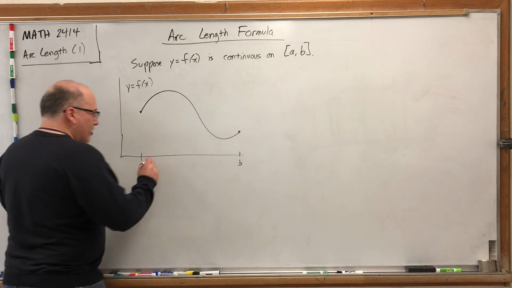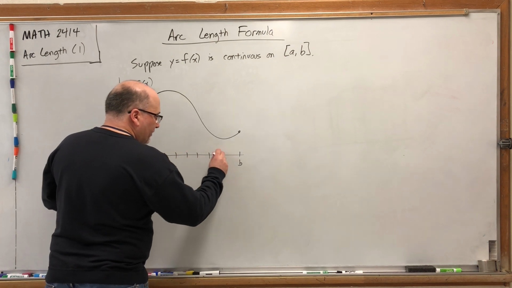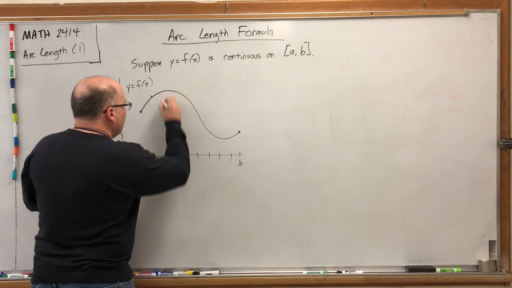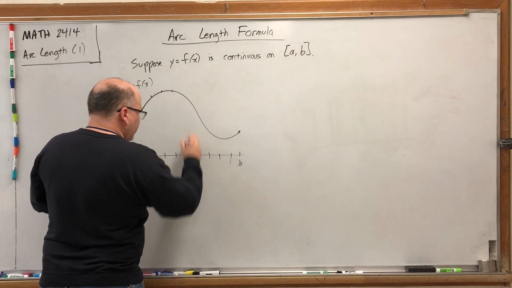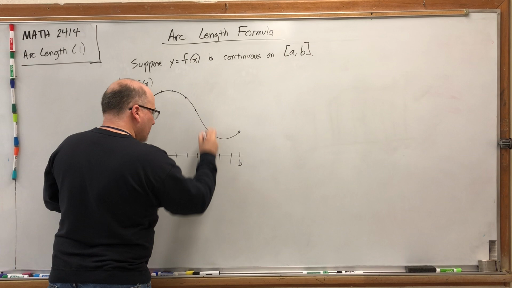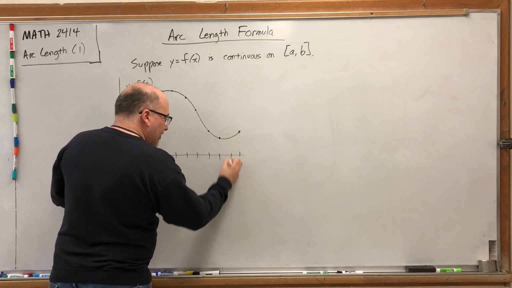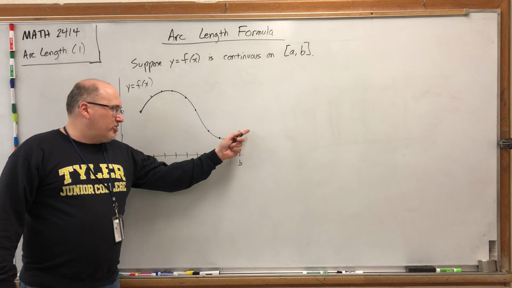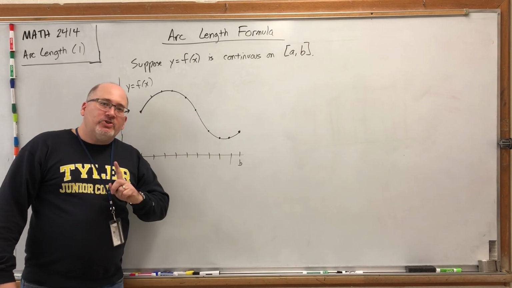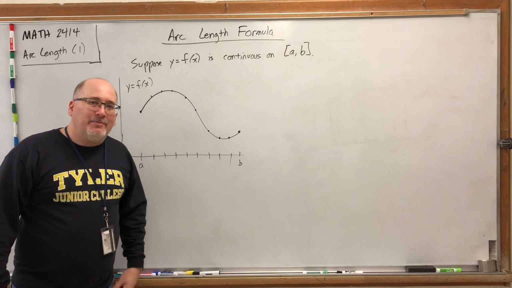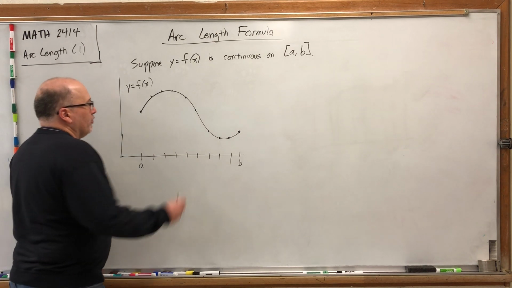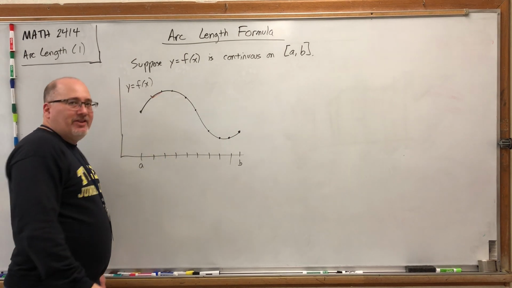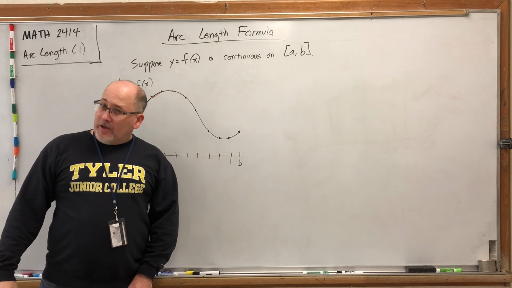If we did the same thing here by cutting this into some intervals, and then above this, locating all the points on the graph above these partition points, if you will, then we could think of this curve as a sequence of roughly straight line segments, so approximately straight line segments. For example, from here to here is not exactly a straight line segment, but it's pretty close.